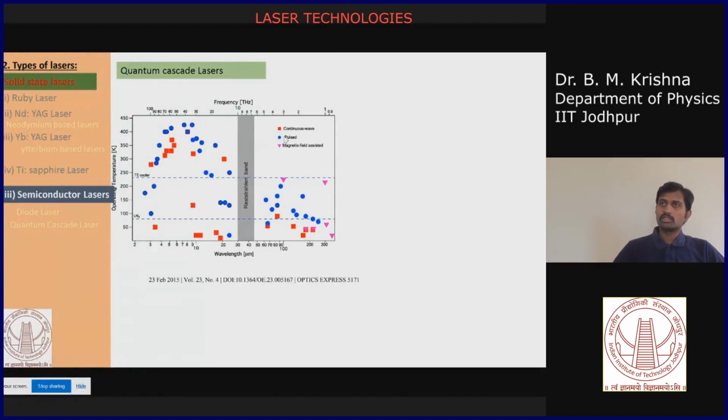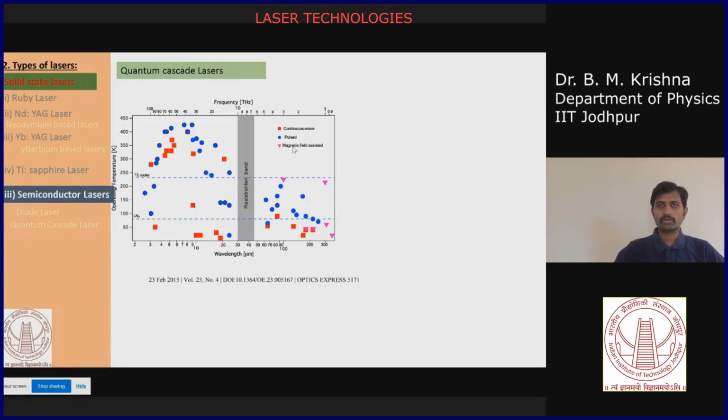Right now we are lacking good terahertz lasers or sources which can be utilized for next generation devices for communications, because high speed devices can be made using terahertz waves. Right now with electronics we are reaching the speed limit. So now it is time to move to exceed the speed limits.